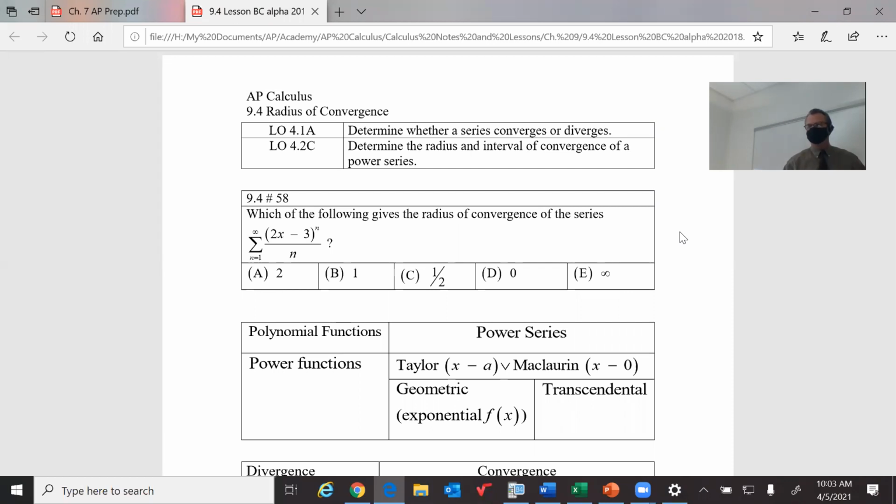Okay, we can't do this yet. We just want you to read the question. But you have to understand something. In order to answer this question, you would find the interval of convergence, and the radius would be half the width of the interval. So as long as you understand what you're looking at and how to do it, we're fine. Because what you saw on the AP Classroom video was from 9.3, and what we showed you on the PowerPoint this morning is not enough to answer that question.